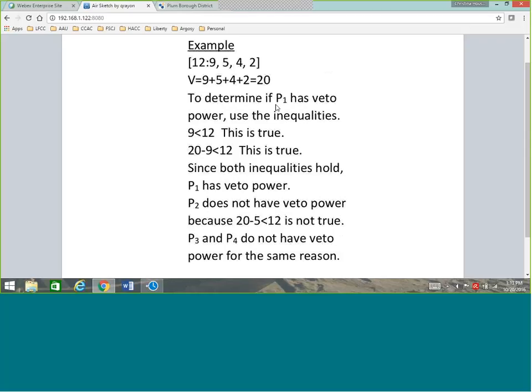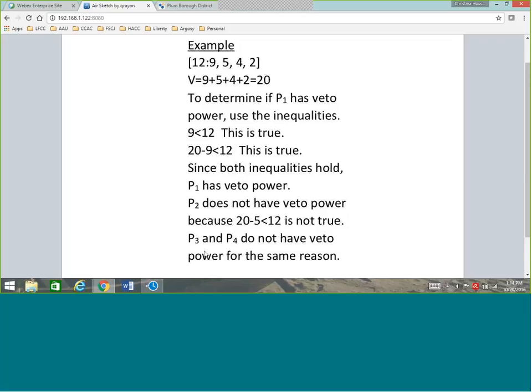So let's determine if player 1 has veto power using the inequalities. Player 1 has a weight of 9, which is less than the quota. That's true. 20 minus 9, the capital V minus the weight, is less than 12, which is also true. So since both inequalities hold, player 1 has veto power. Player 2 does not have veto power because even though 5 is less than 12, 20 minus 5 is not less than 12.